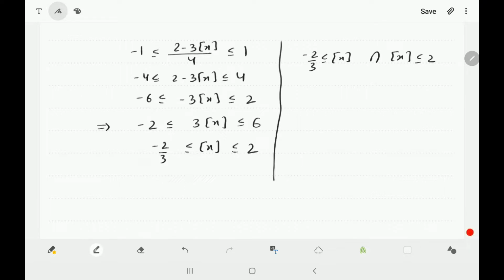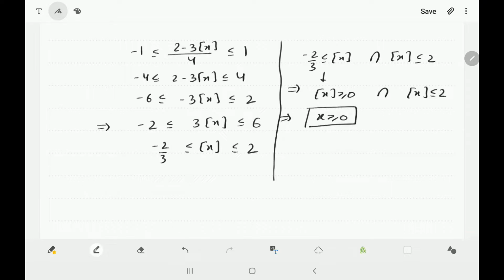Because greatest integer is an integral value, the output of greatest integer x is always an integer. So from this, greatest integer is greater than minus 2 by 3, which means that greatest integer x should be greater than or equal to 0, intersection greatest integer x is less than or equal to 2. So from here we will have the condition that x should be greater than or equal to 0.